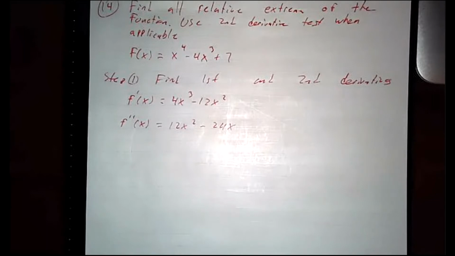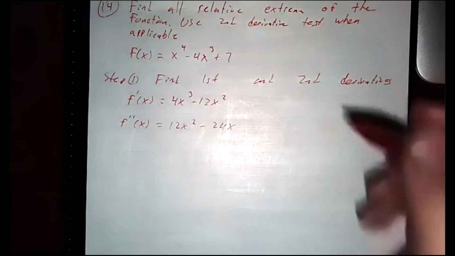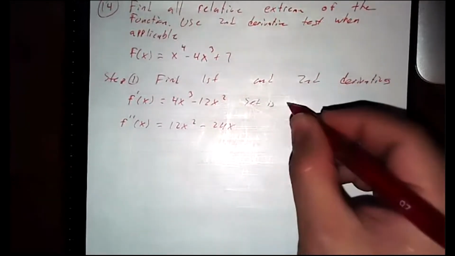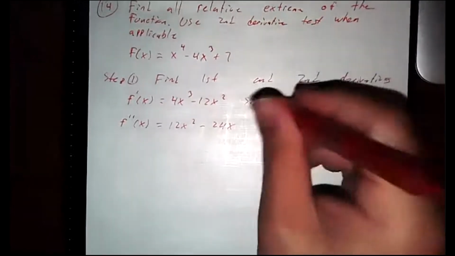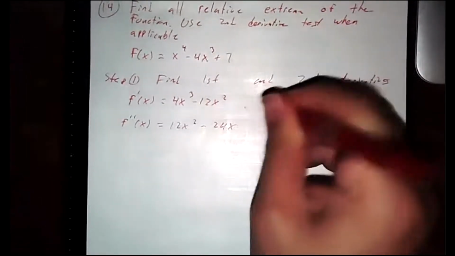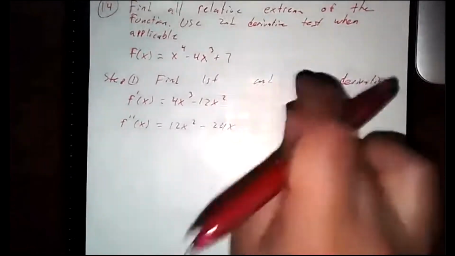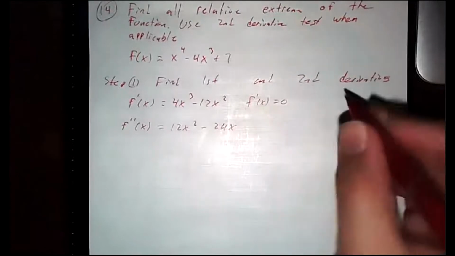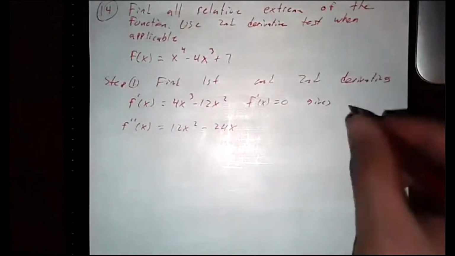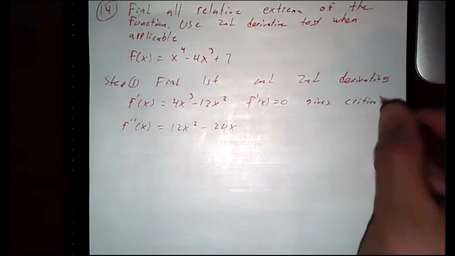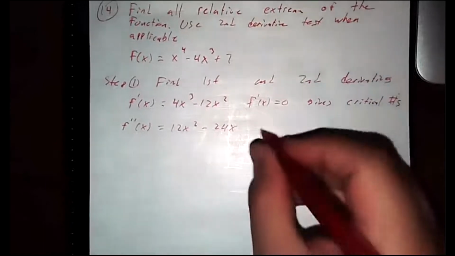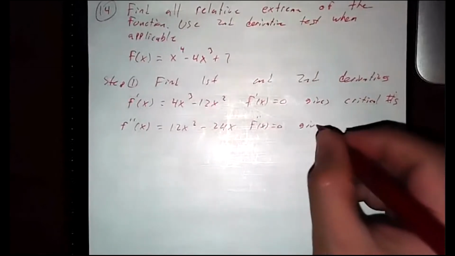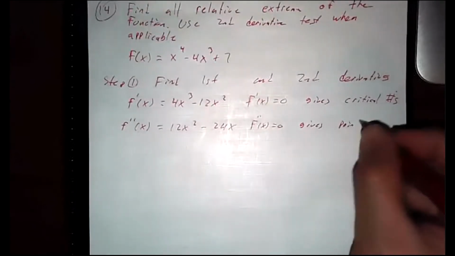Yeah, looks good to me. Okay, let me write this more compact. f prime of x equal to 0 gives critical numbers. f double prime of x equals 0 gives points of inflection.